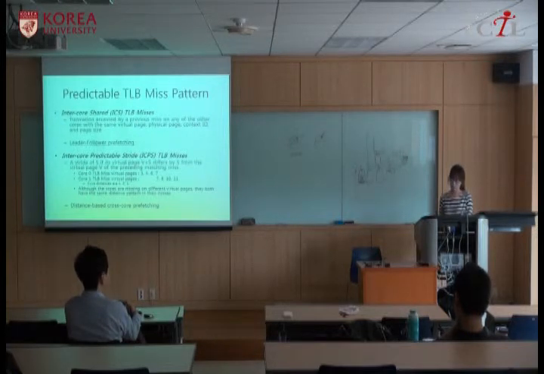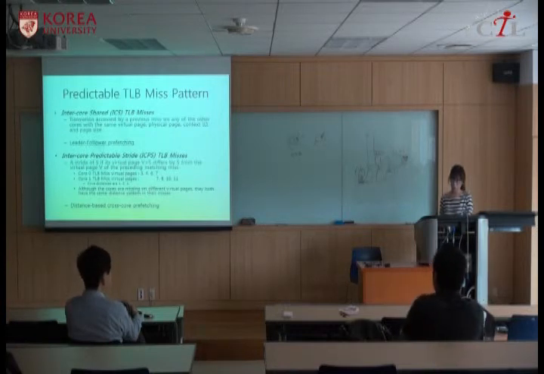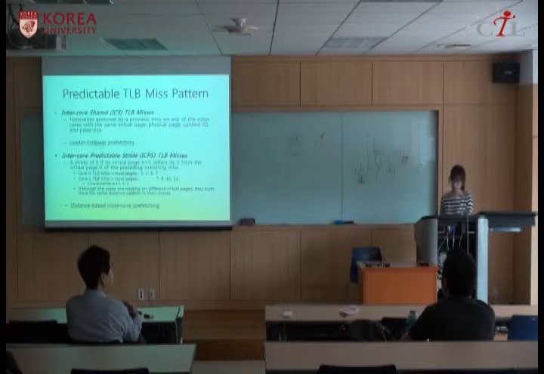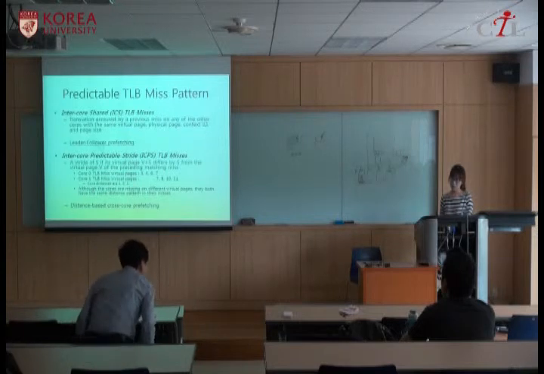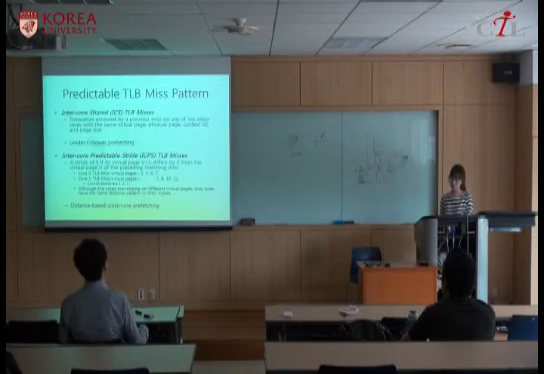So in one core there is a TLB miss, and the same entry is missed by another core. The second one is that the stride pattern is similar across cores. It's not the same page, but the TLB misses occur on different pages, and there is a stride between the page numbers. That's what they are saying.